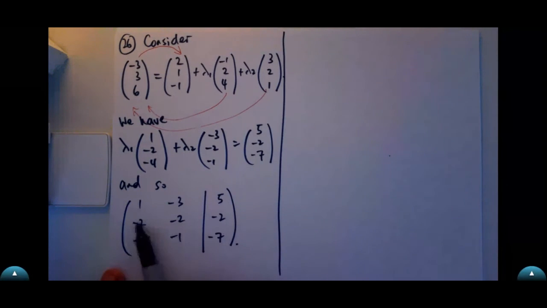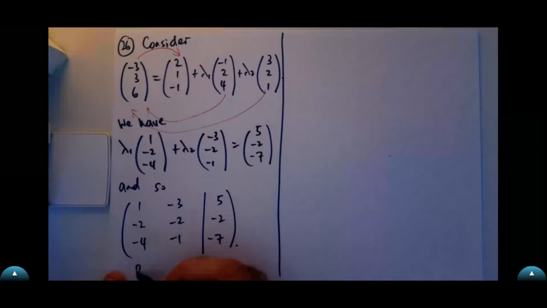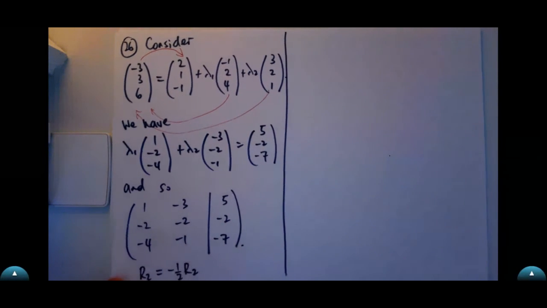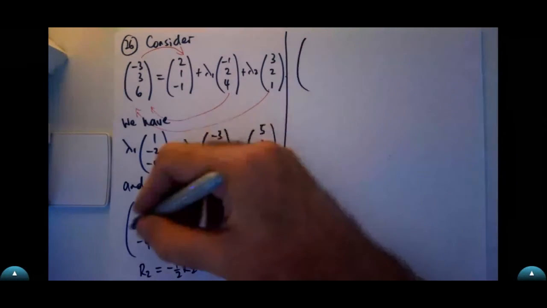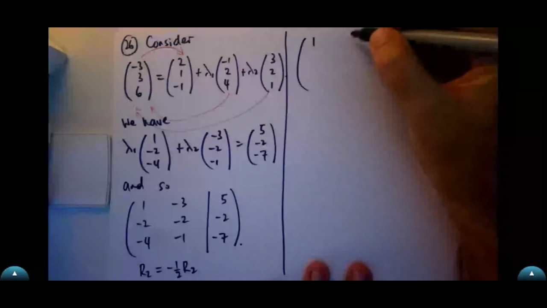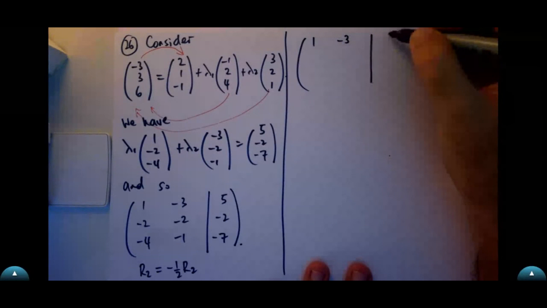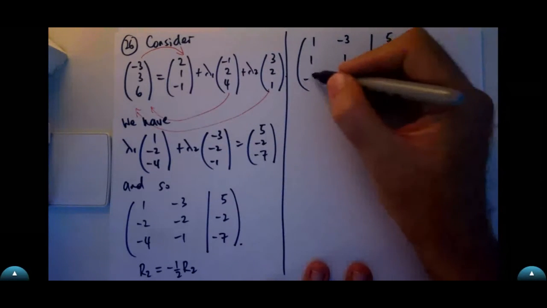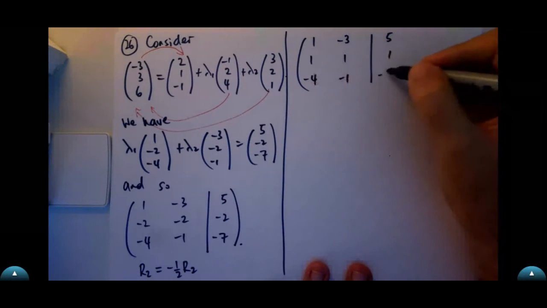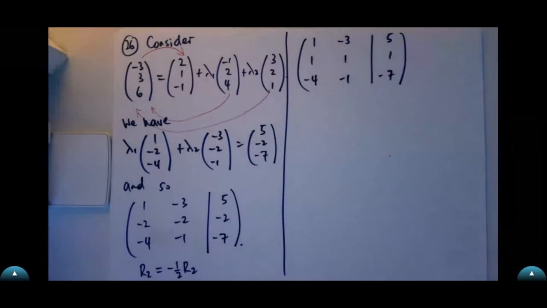So the first thing I would do is actually go with row 2. I would say row 2 can become -1/2 times row 2. So we're simplifying that one by taking out the common factor. Okay, and so, yeah, thanks, Nisa.